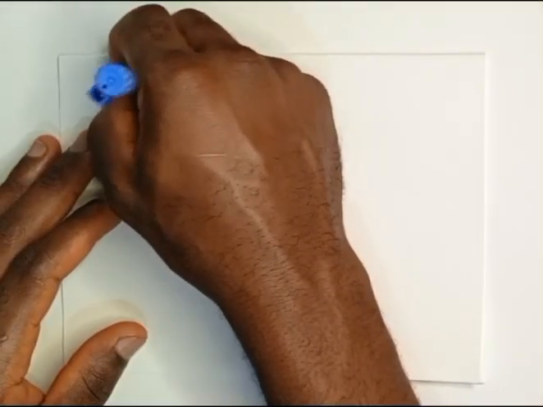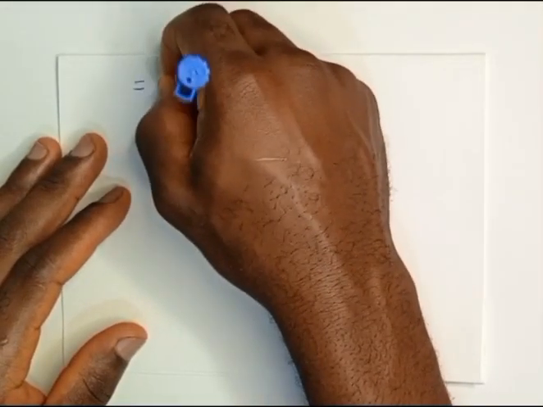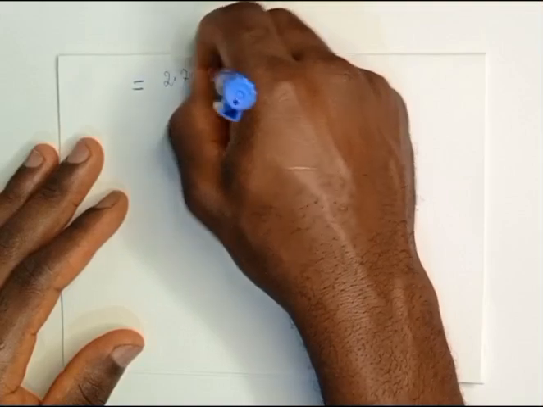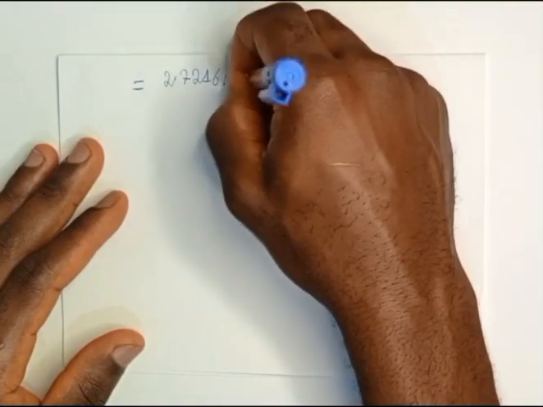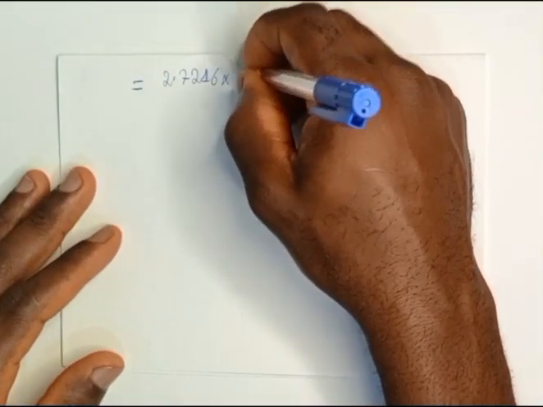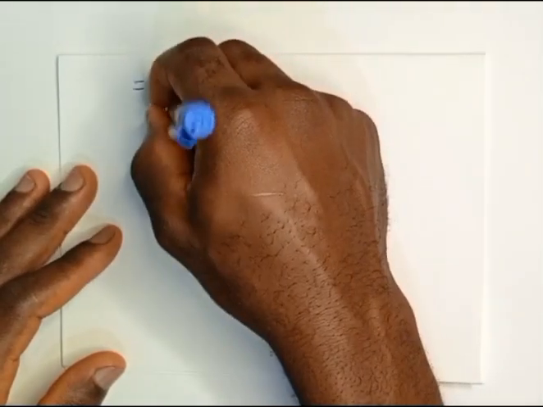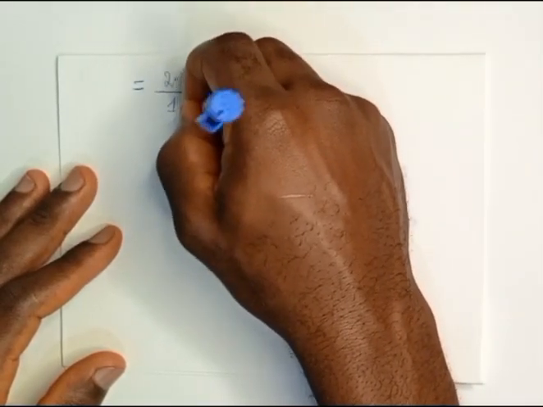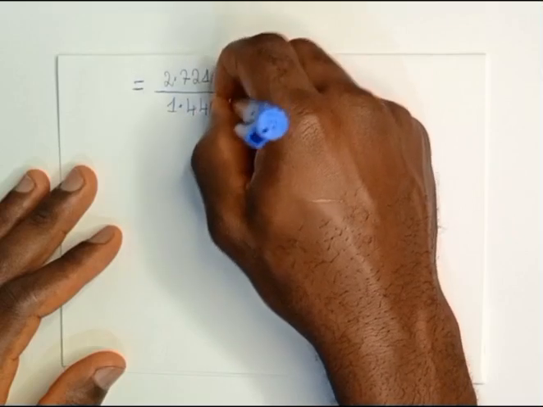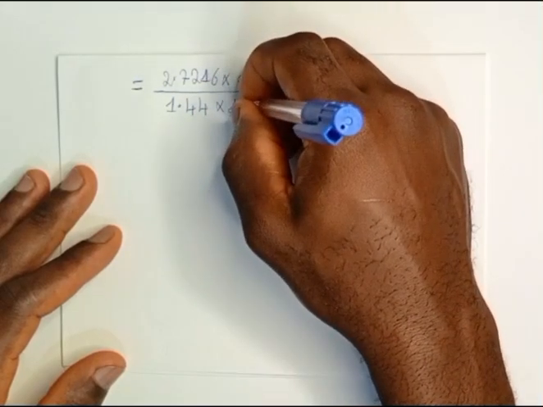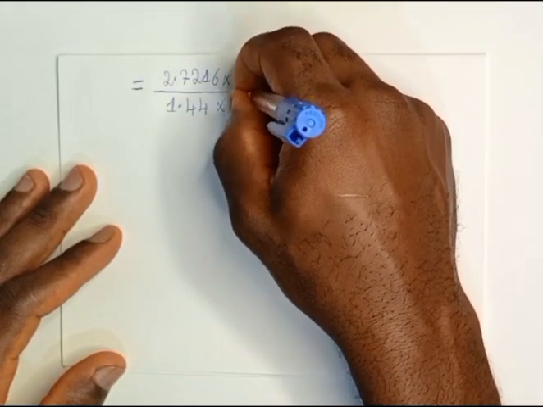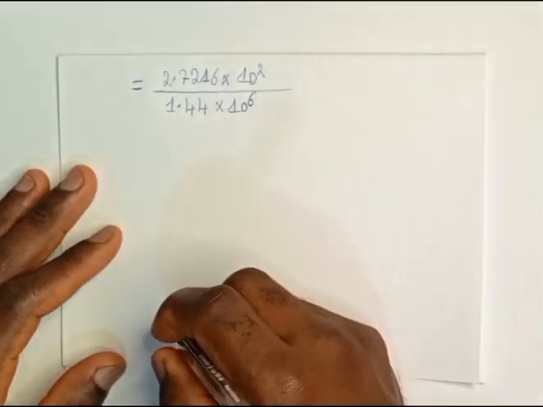This will simply be equal to 2.7216 times 10 to the power, we are going to add their powers, 1 plus 1 gives us 2, all over 1.44 times 10 to the power 1 plus 5 gives us 6.